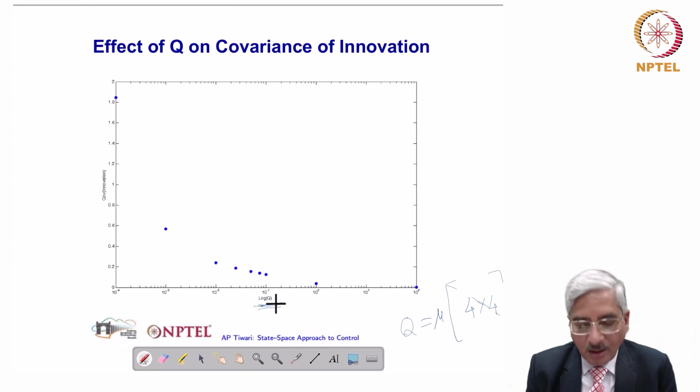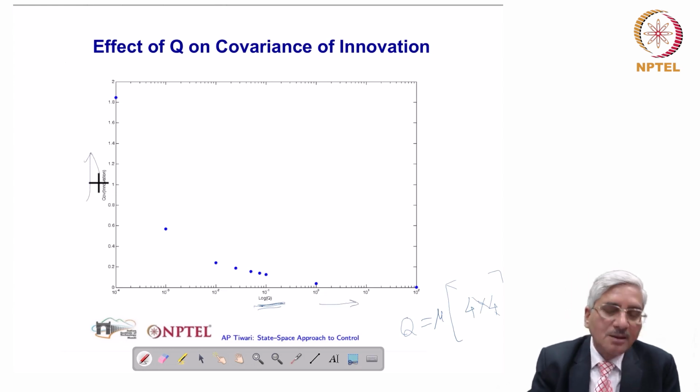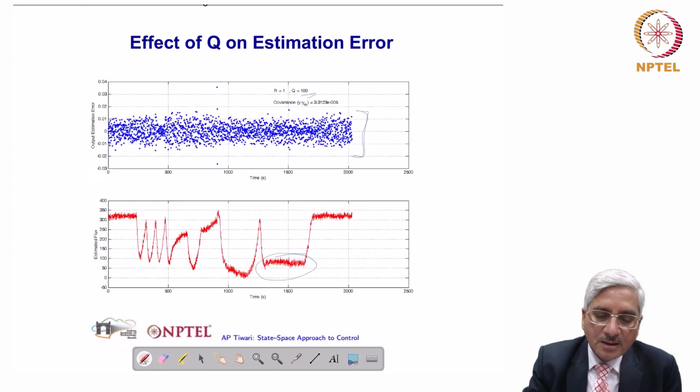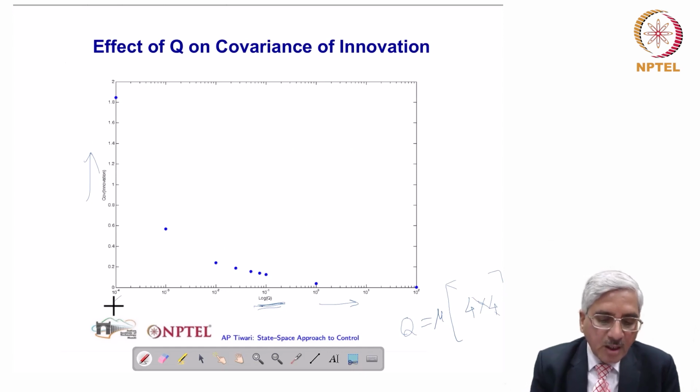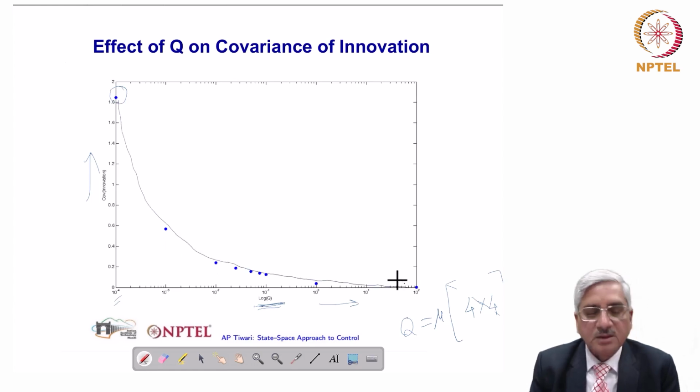So log of that multiplier to the identity matrix is on the x-axis, and the covariance of this error at various times is plotted. For small Q it is large, and as we go on increasing Q, through a parabolic trend, it is reducing like this.